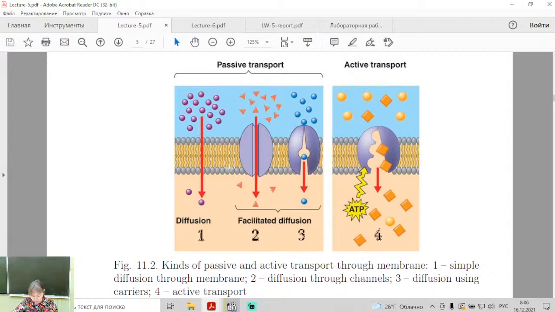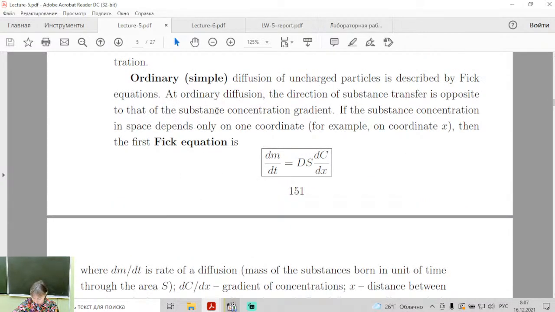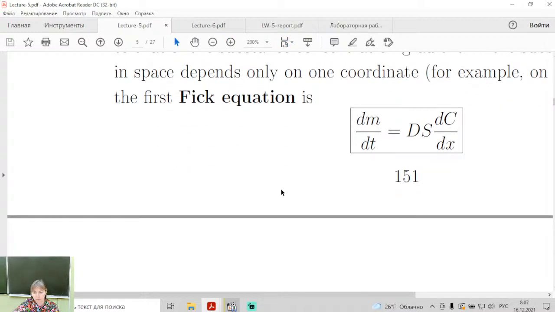If the substance concentration in space depends only on one coordinate, for example on coordinate x, then the first Fick equation is here.